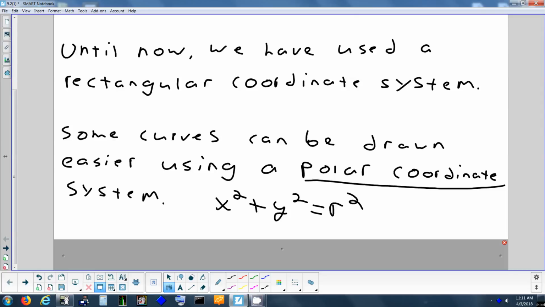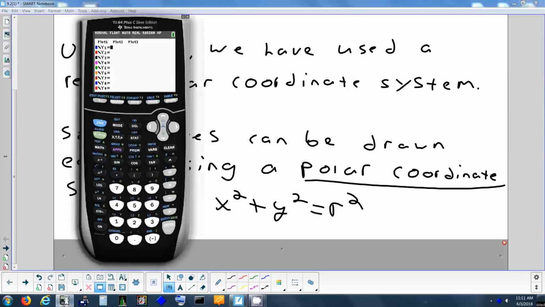So in order to type that into the calculator, what letter has to be by itself? Well, Myler? So all year when we use the graphing calculator, what letter is always by itself on the left? Y. It's always y equals. The button says it right on it, y equals.